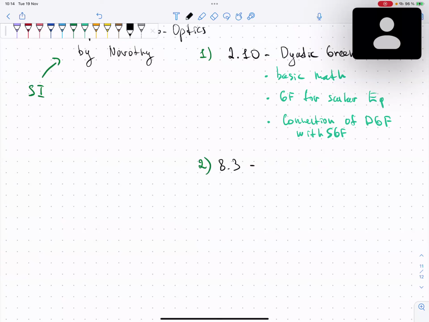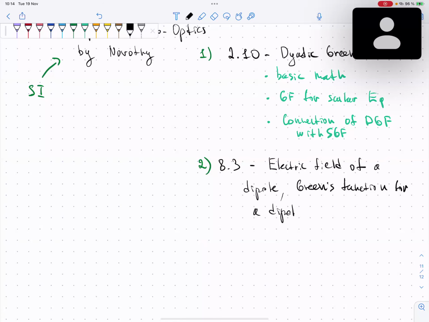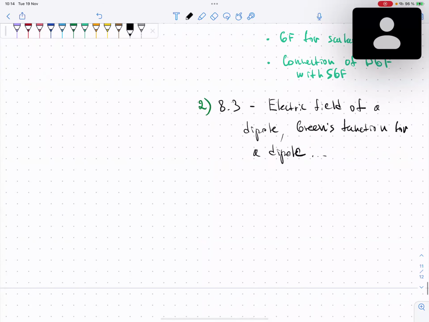It will give you the electric field of a dipole and the Green function for a dipole, and so on and so forth.